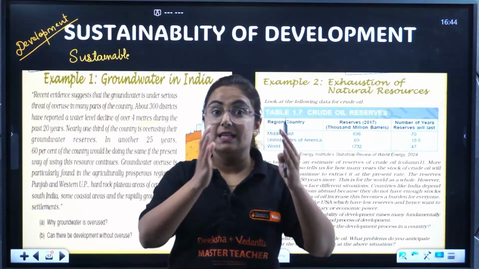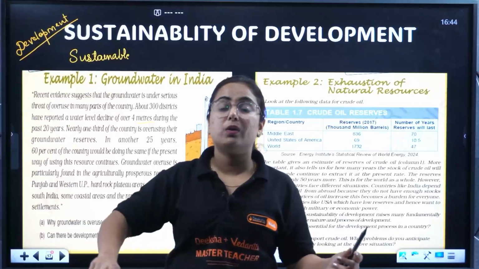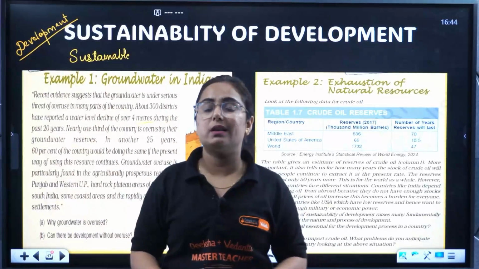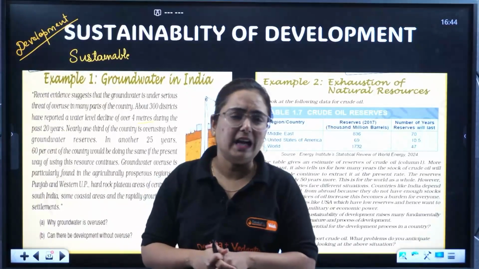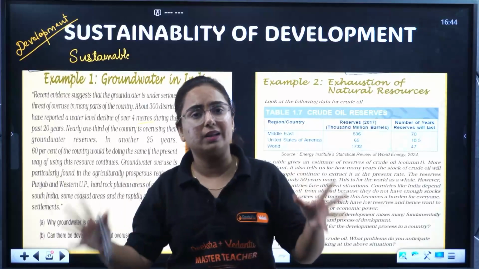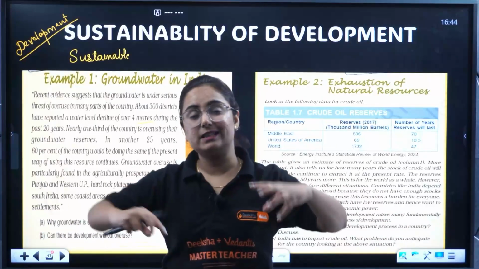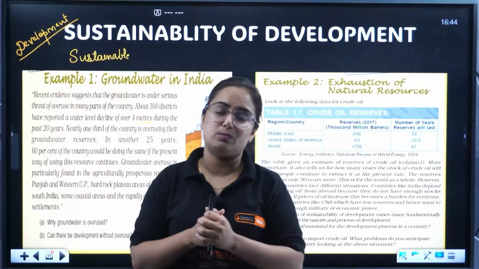One bucket was used to take a bath earlier, and now we just turn on the shower and are not even calculating how much water we are using, and sometimes it's a lot more than necessary. That is the reason our natural resources are depleting day by day, and that is causing problems.